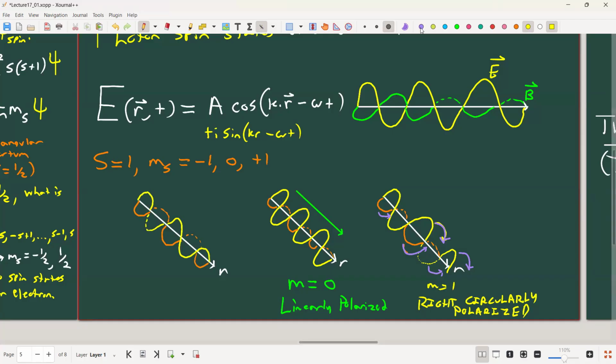So this is now going right ways instead. Right, this is left circularly. Well, I kind of screwed it up. Sorry, it goes the other way. Left circularly polarized light. Okay, so it rotates in the opposite helicity.